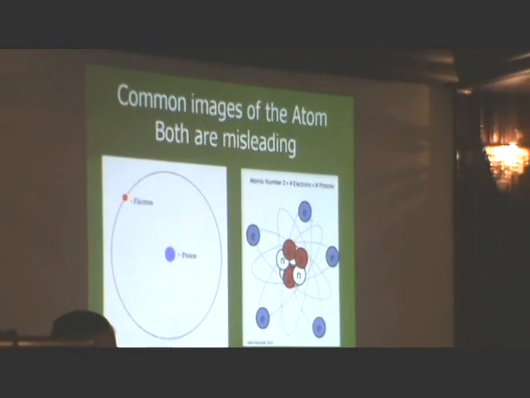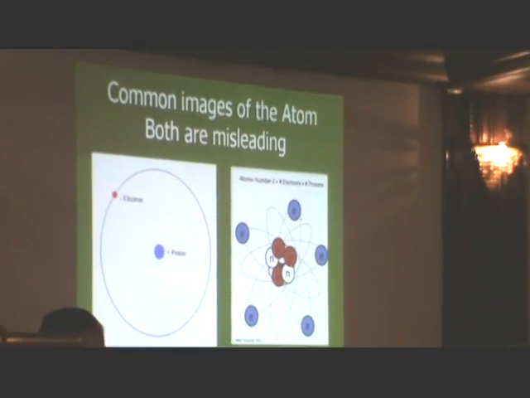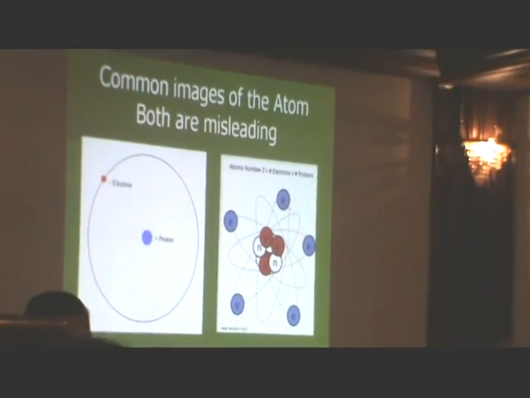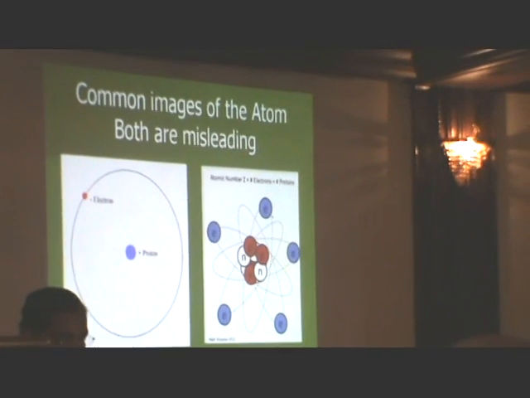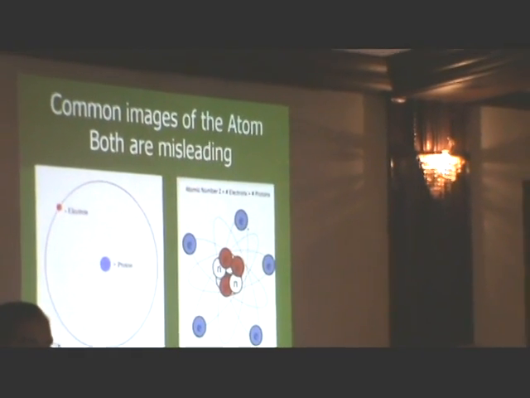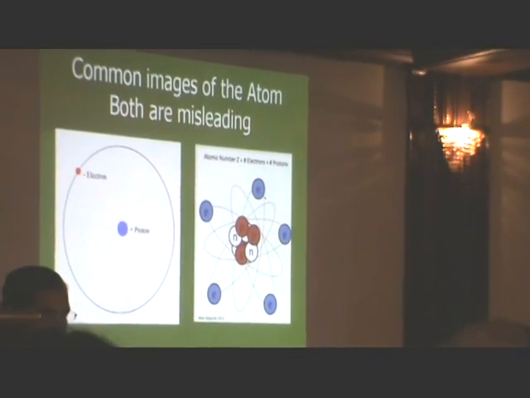I'm not sure whether I will call it a lie, but it is certainly misleading in the sense that it does not give you an impression that the electron is much smaller than the atom itself and much smaller than the nucleus. It is not to scale, and this does not lead to really understanding what the atom looks like.